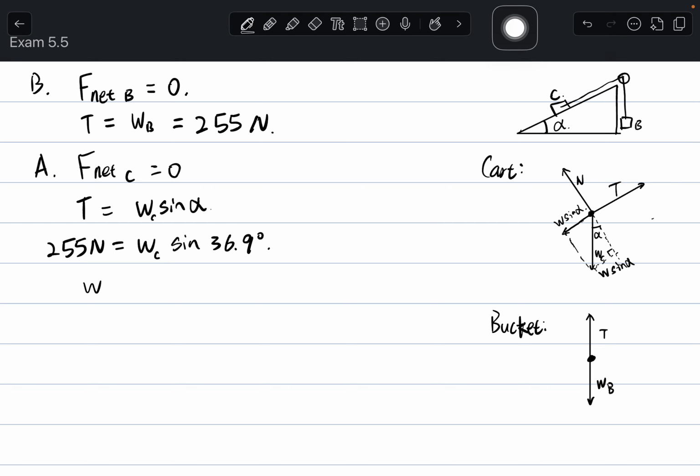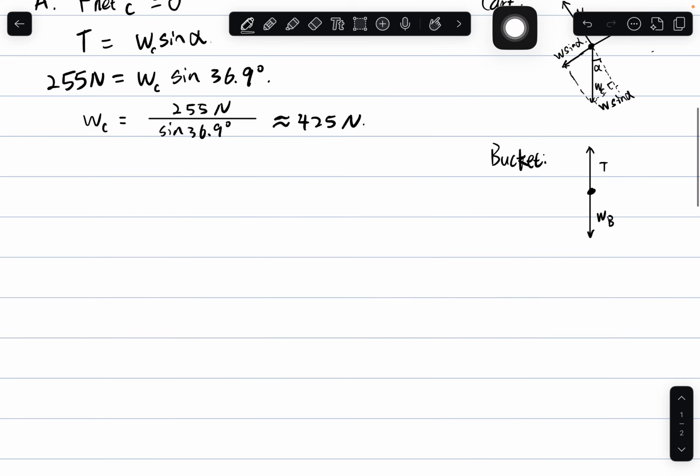So the weight of the cart equals 255 Newtons divided by sine of 36.9 degrees, which gives us approximately 425 Newtons. That's for part A and B.